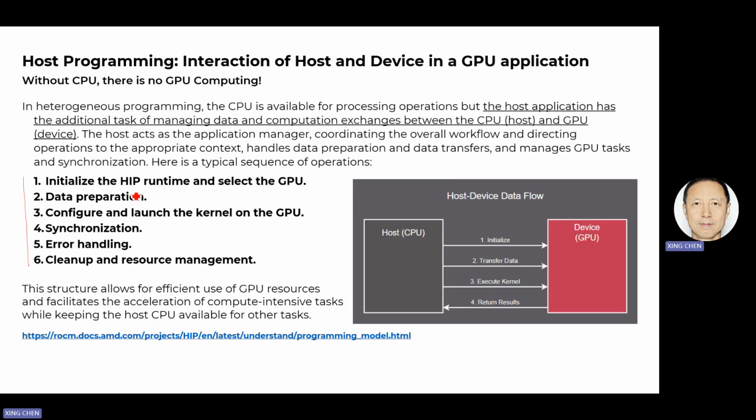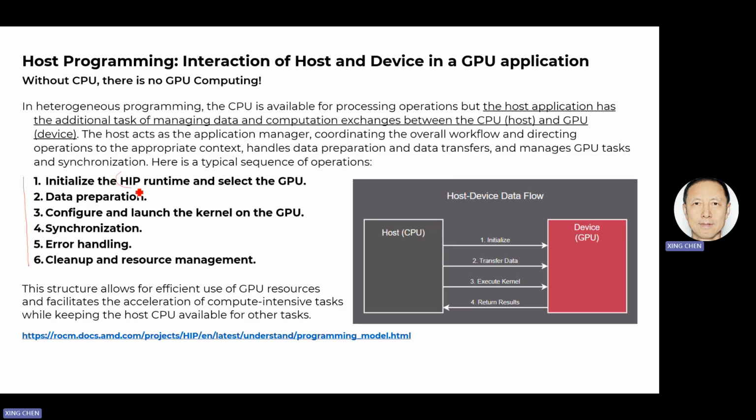That's the programming tool, the programming model of AMD for GPUs. It's very similar to the CUDA programming environment, the CUDA programming model, the CUDA programming tool. But here I just used AMD as an example.